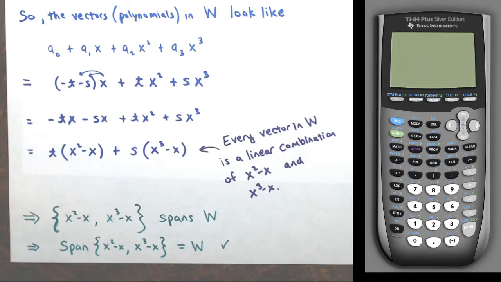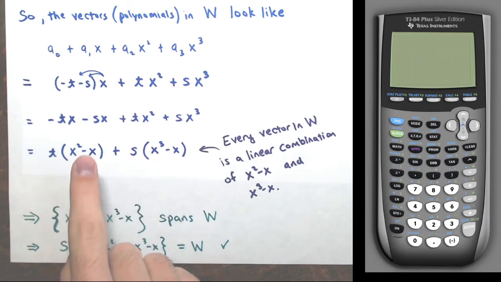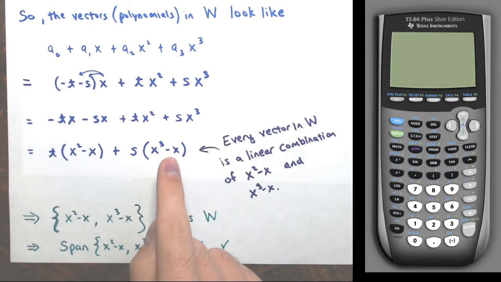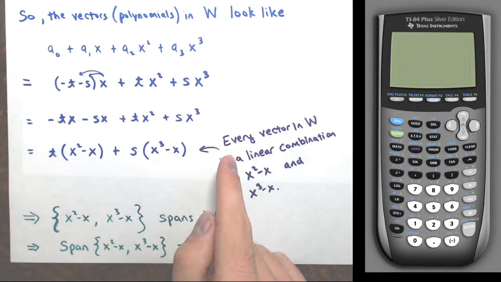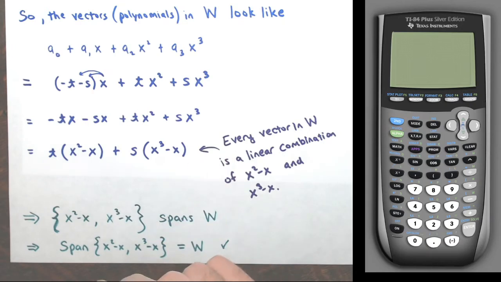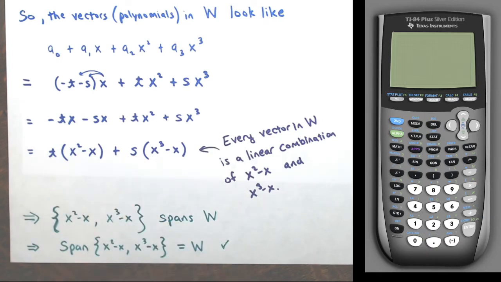You could do the usual check where I take this equation here, take a linear combination, a scalar times x squared minus x plus a scalar times x cubed minus x, and set it equal to 0, right? The 0 vector, or the 0 polynomial here. And you'll see that the only solution to that would be if t were 0 and s were 0, which would be the trivial solution, right?